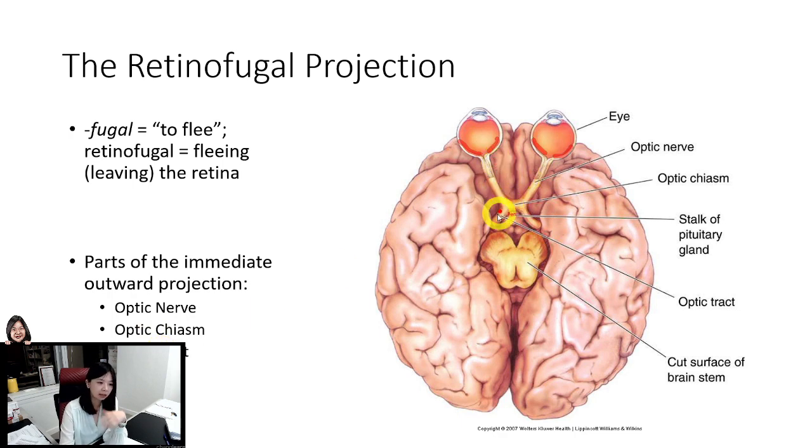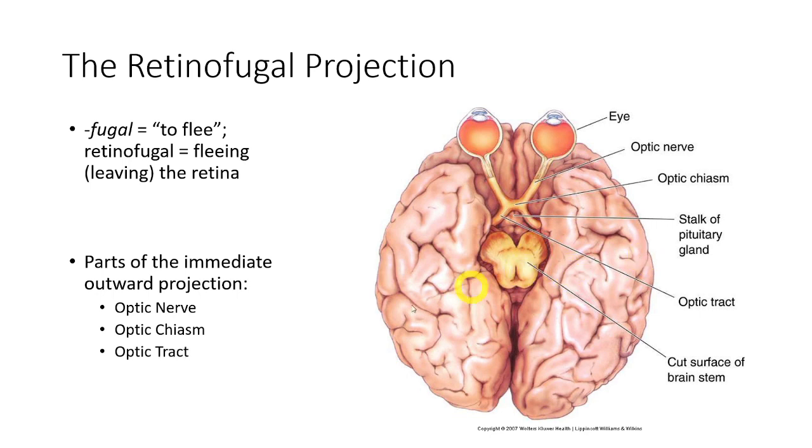And the third chunk is the optic tract, and the optic tract is specifically between the chiasm and the LGN in your thalamus. This is just your brainstem here. So in general, when we're talking about the retinofugal projection, it's these 3 components.